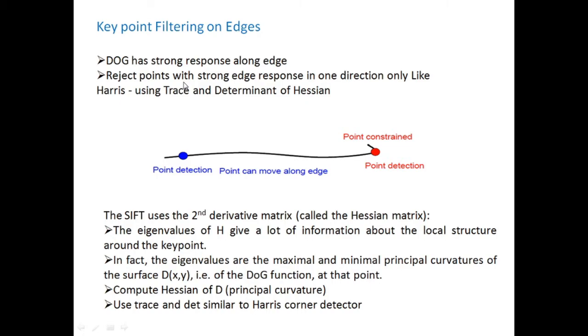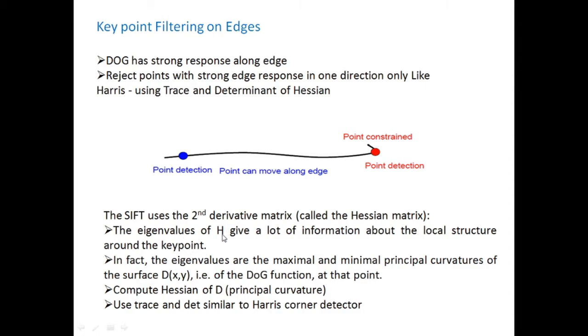We have to reject the points with a strong edge response in only one direction, by using the trace and determinant of the Hessian matrix. SIFT uses the second derivative matrix, which we know is a Hessian matrix.